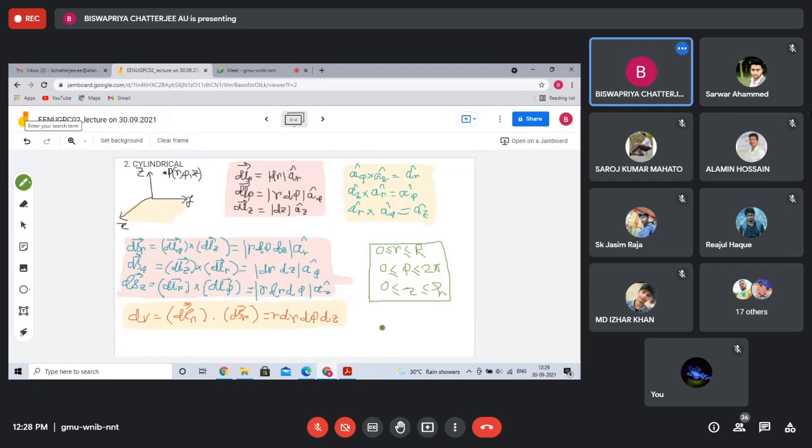Anybody? I should expect at least one answer. I am just giving you a very easy exercise. Using this formula, dV is equal to r dr d phi dz, you need to evaluate total volume. I have given you the range.